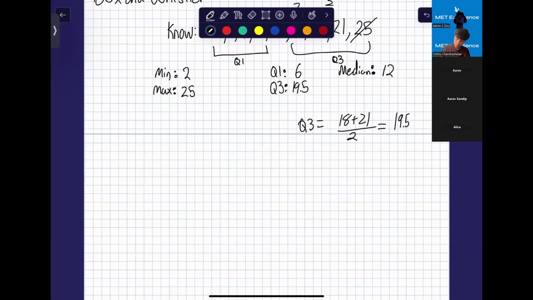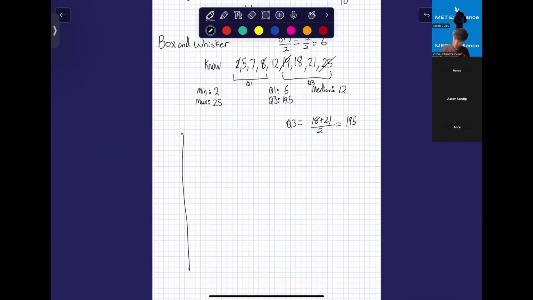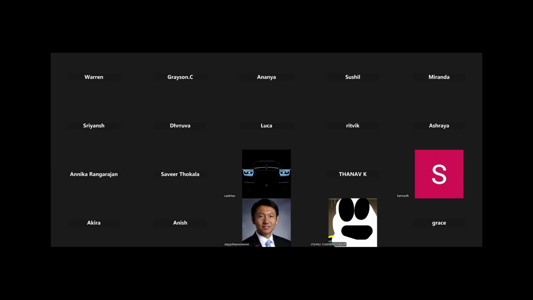Once you have this data, to make a box and whisker plot, you start off with the min. It'd be good if I could draw this. What happened? I don't know.